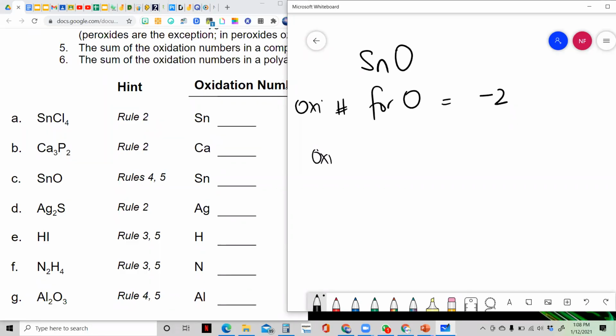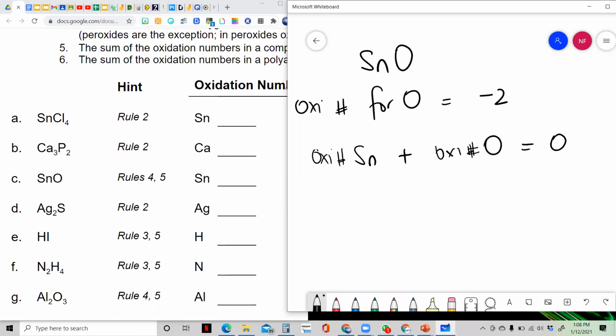The oxidation number for Sn plus the oxidation number for O should be equal to 0. The sum of the oxidation numbers in a compound is equal to 0. This is my equation.